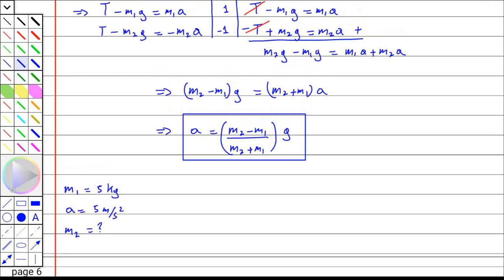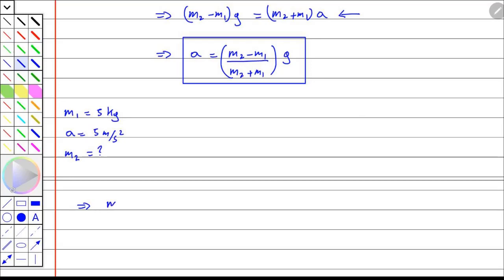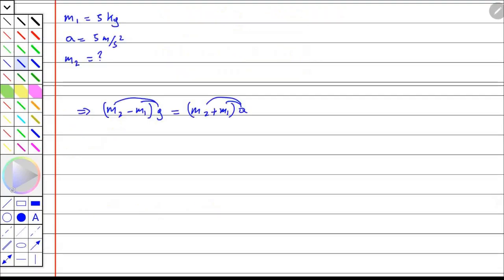So let's go ahead and do that. So first of all, let's take this form of the equation. M2 minus M1 times G is equal to M2 plus M1 times A. Let's use the distributive property of mathematics to distribute the common factors with the terms inside the brackets. So we are left with M2G minus M1G equals M2A plus M1A.